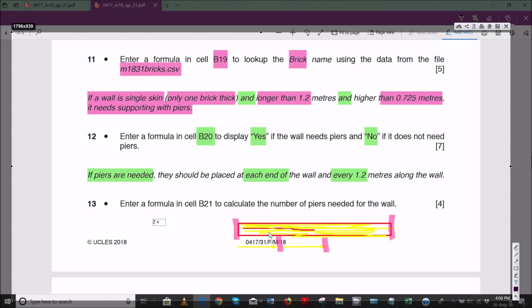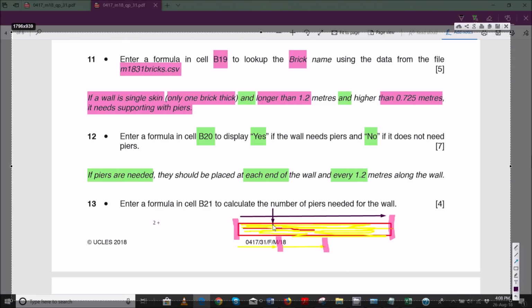So again, the other thing is that suppose I have 1, 2, 3 of them, I need to find out if the wall is 6 meters long. I'll divide it by 1.2 to find out how many piers there are, one every 1.2 meters. So if this wall is 6 meters, I will need to break it into portions.